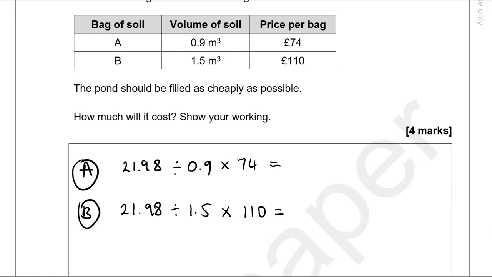And this one gives us £1,807 and 24 pence if we round it, and B gives us £1,611 and 87 pence. So the cheaper one is B.